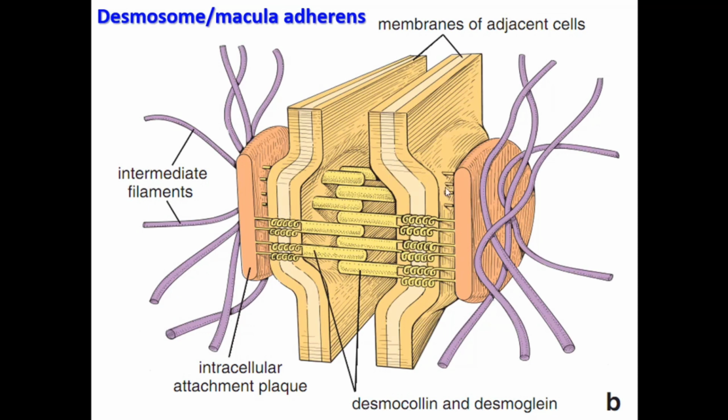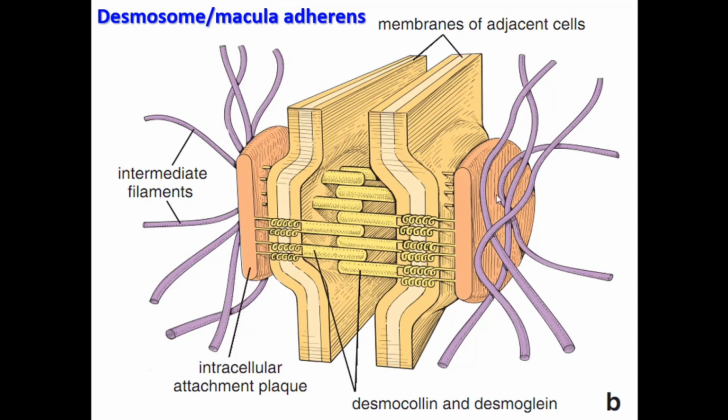And other proteins from the inside of the cells, I mean in the cytoplasm, aggregate and make disc-shaped structures. These disc-shaped structures attach the cadherin to the cytoskeleton here, intermediate filaments.